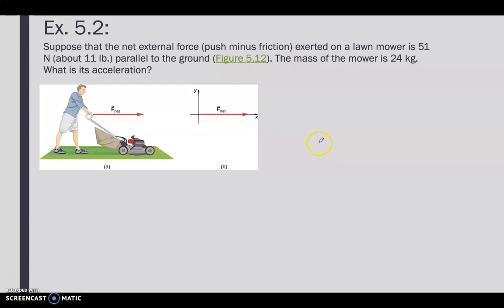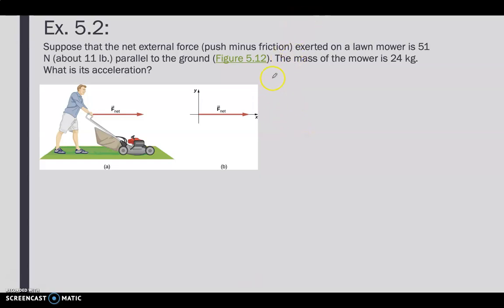So let's go ahead and do an example. This is example 5.2 in the textbook. It states, suppose that the net external force exerted on a lawnmower is 51 newtons, parallel to the ground. The mass of the mower is 24 kilograms. What is its acceleration?